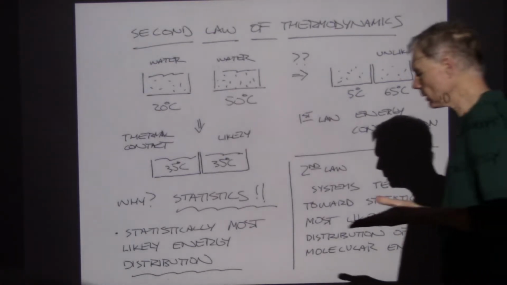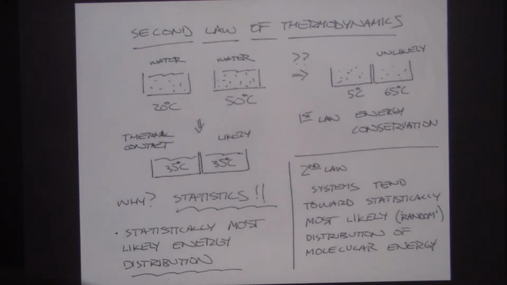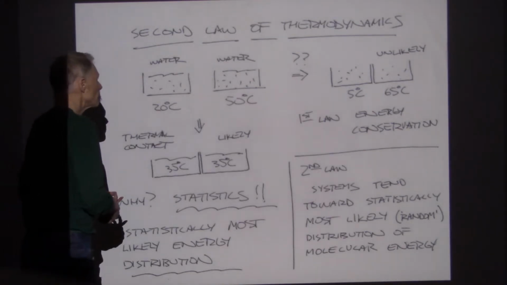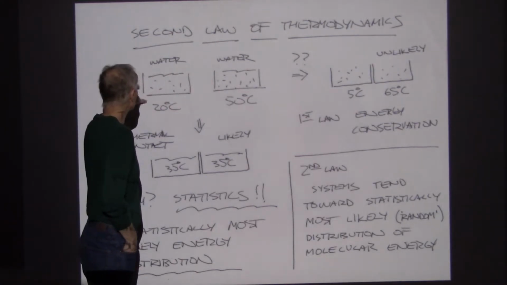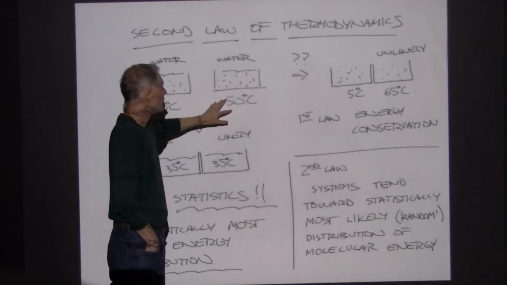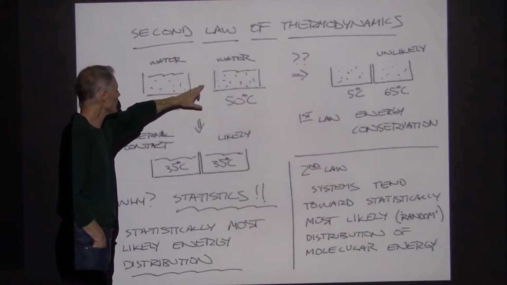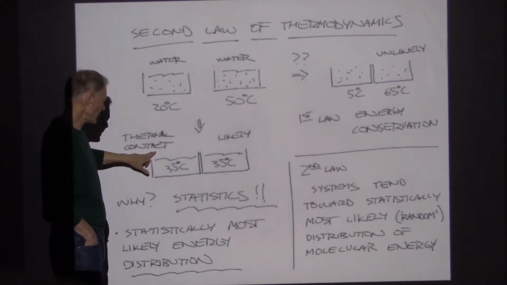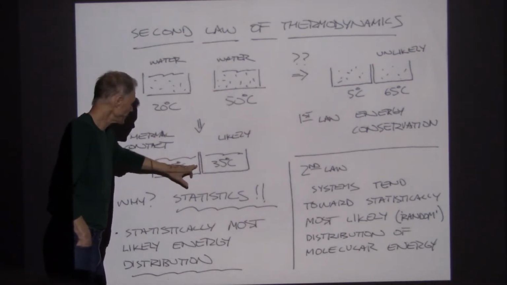We looked at an example like this at the beginning of the chapter, but now I would like to come back and take another look now that we've had some experience with entropy. Again, we're coming back to the example where we have two samples of water, one at 20 Celsius, one at 50 Celsius, and we're wondering what happens when we put them in thermal contact. Since the two samples are the same size, we're going to end up with a temperature halfway between.